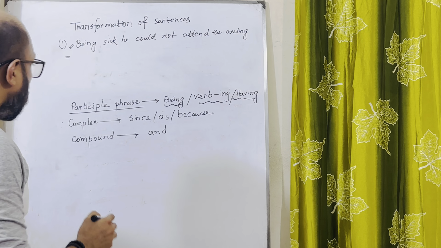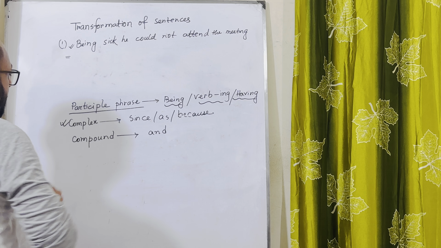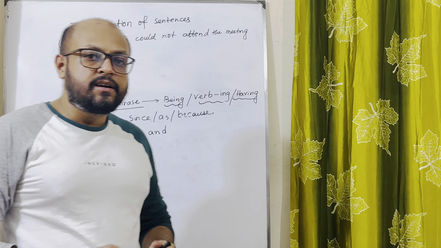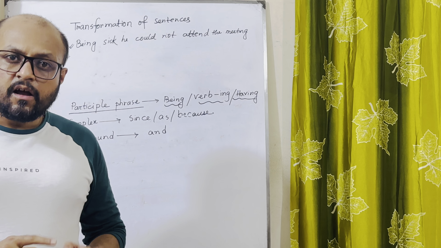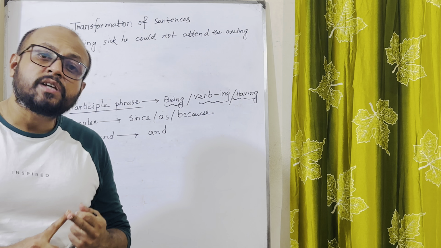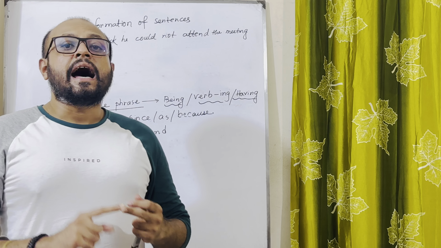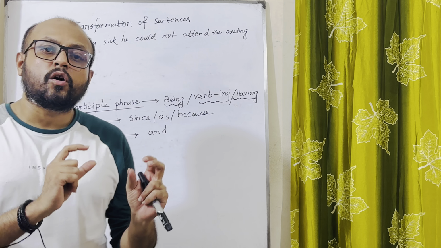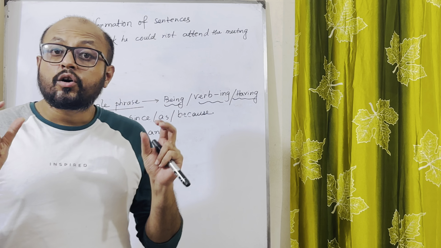You know that in a complex sentence we need two clauses. One will be the principal clause and another will be the subordinate clause. And we will join the principal clause and subordinate clause with a clause marker.